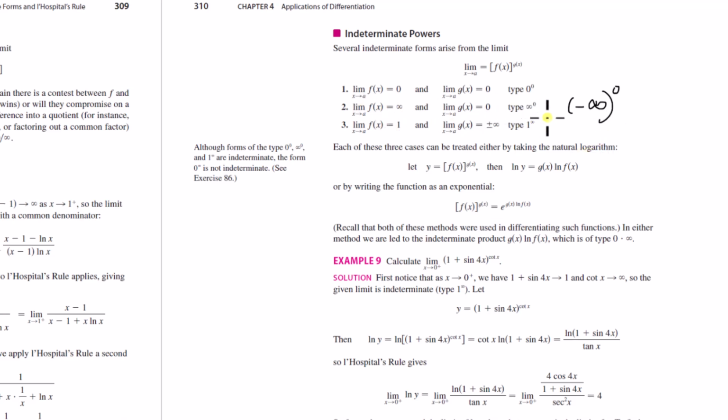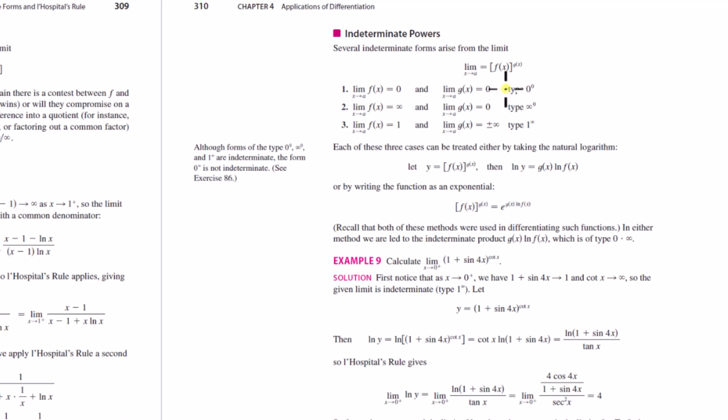I think they don't want to introduce confusion by putting a minus sign here, because it depends on whether you are talking about minus infinity to the 0 or putting this in parentheses. This here is going to be this same type, this infinity to the 0. You could just analyze this on its own. You could bring the minus sign out in front of the limit.